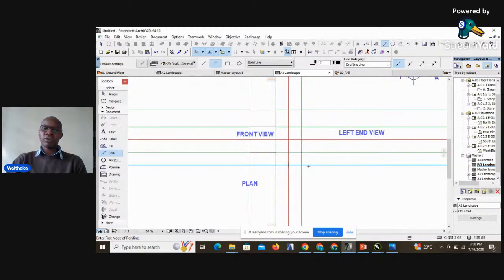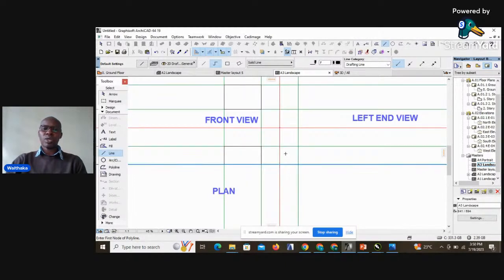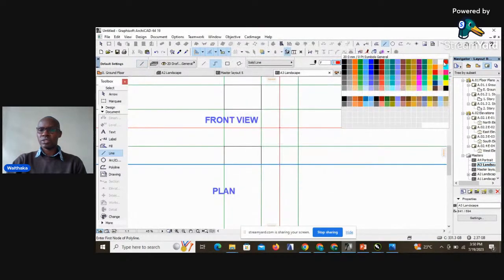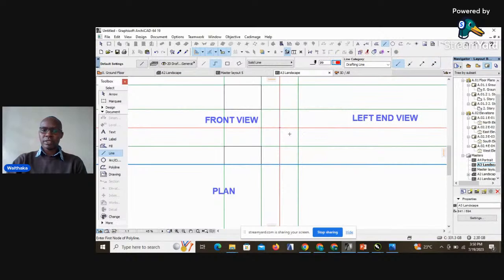So for us to be able to do that, we will draw a reflector line from the center of the Cartesian plane at an angle of 45, and that is the reflector that will assist us to generate the end view. So I will just draw a reflector line at an angle of 45. I just use red again from the center of the Cartesian plane at an angle of 45.